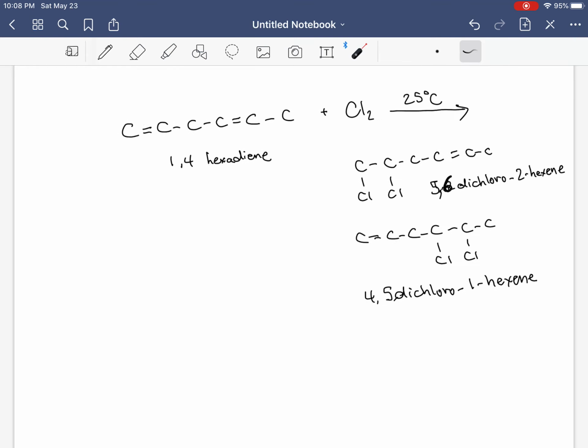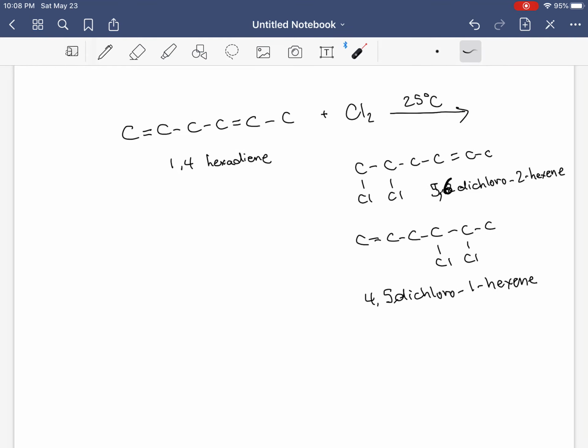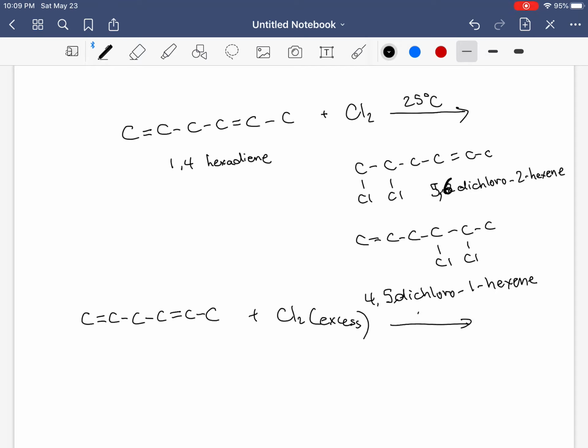So, if there's a question that looks like this, and all I did was change the chlorine gas, and I write that this is in excess, and under 25 degrees Celsius, now my answer will be different.